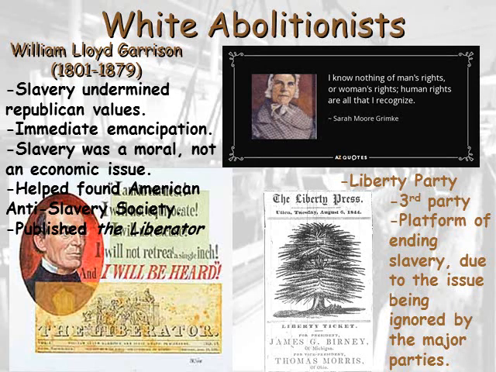And so the Grimke sisters, very interesting, were actually born into a slave-holding family in the South, converted to Quakerism, and fought the rest of their lives against the horrors and the moral bankruptcy of slavery.